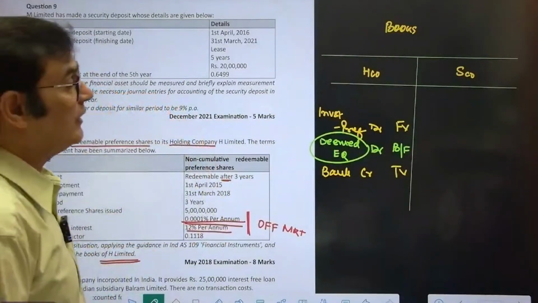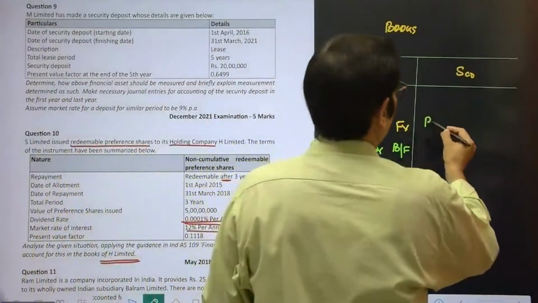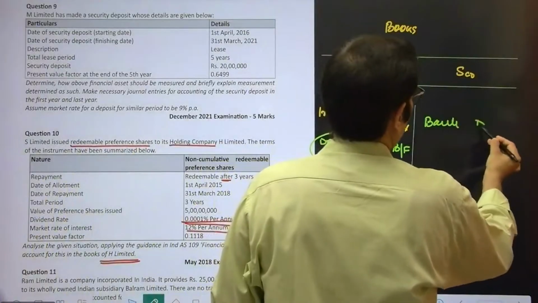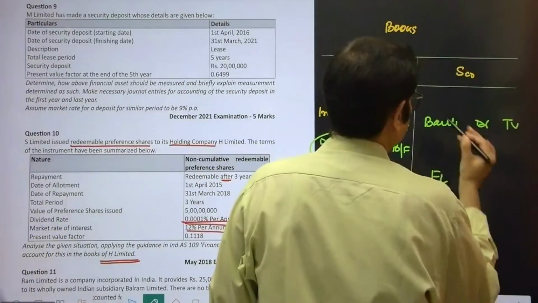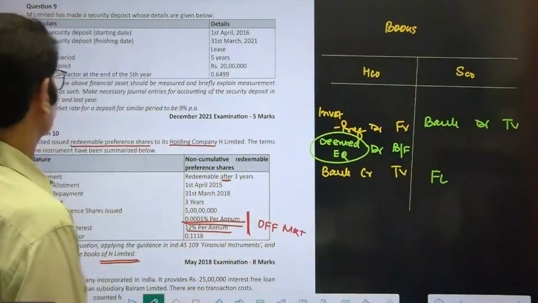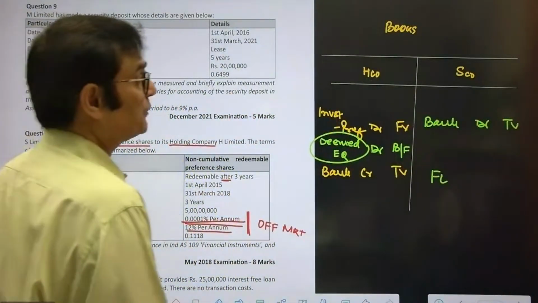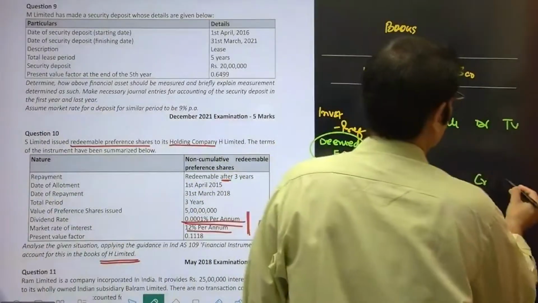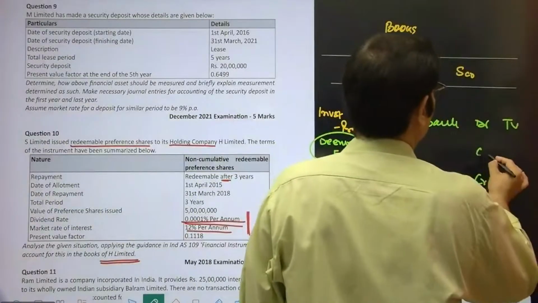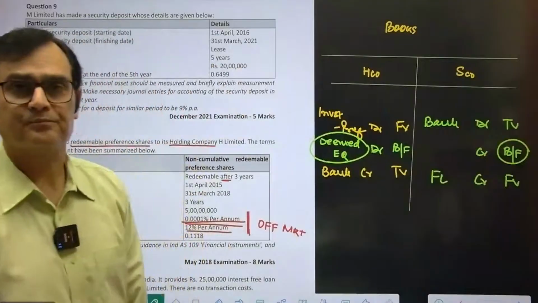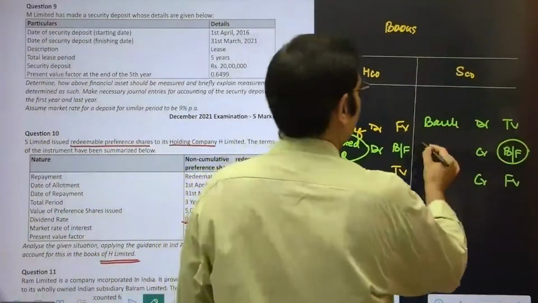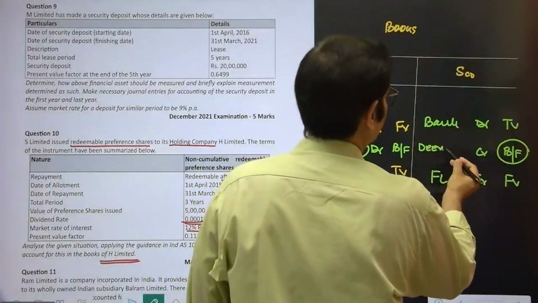On the same lines, if I look at the subsidiary company, he will put the entry: bank gets a debit, which is of course at the transaction value. And he would record the preference shares, which are supposed to be redeemable preference shares, as a financial liability, which will be at the fair value. So there will be a balancing figure which will get created in this entry as well. And can I say this can be called deemed equity instruments?